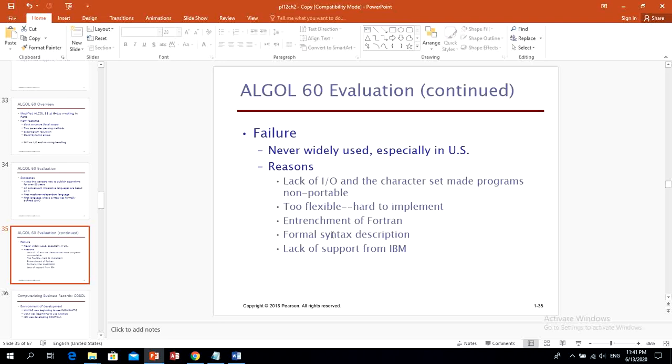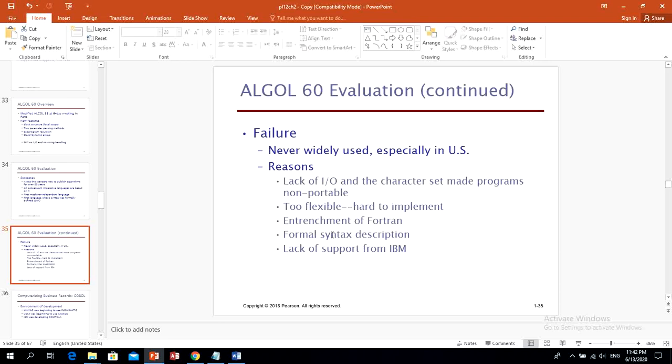It was also very hard to implement, and it suffered from some interchange shortcomings with Fortran. It also had a formal syntax description and lacked support from IBM.